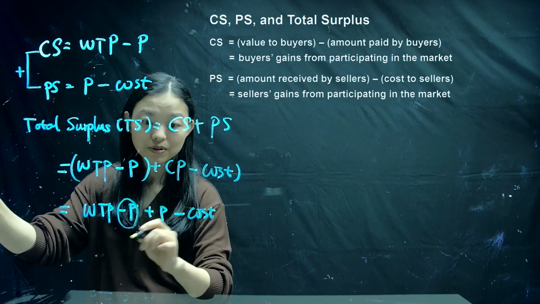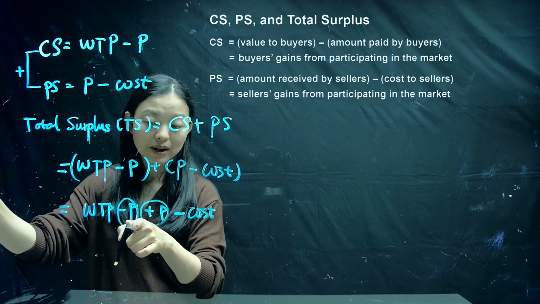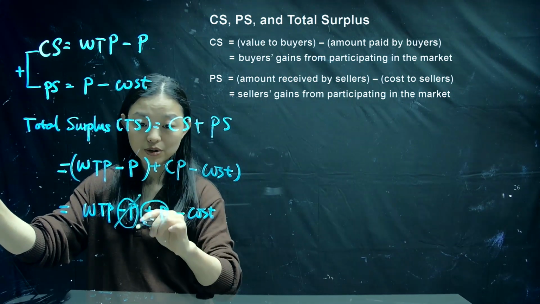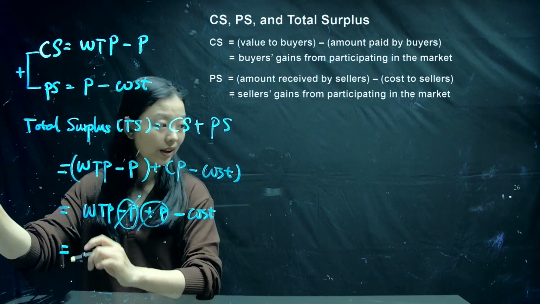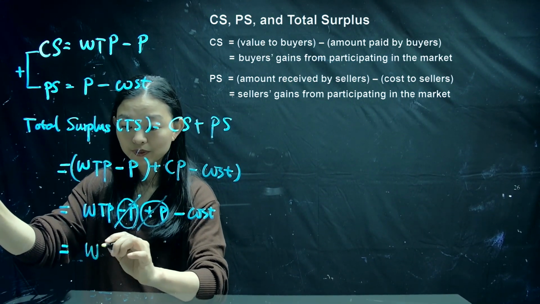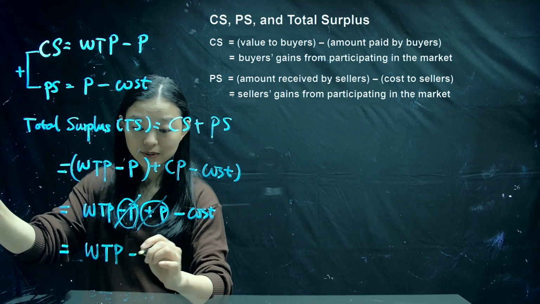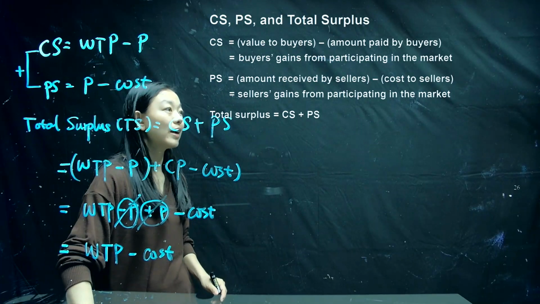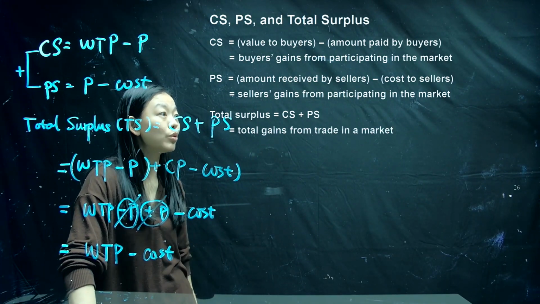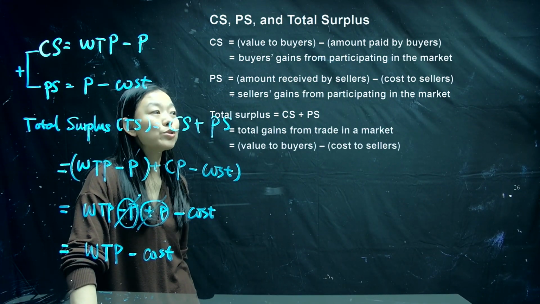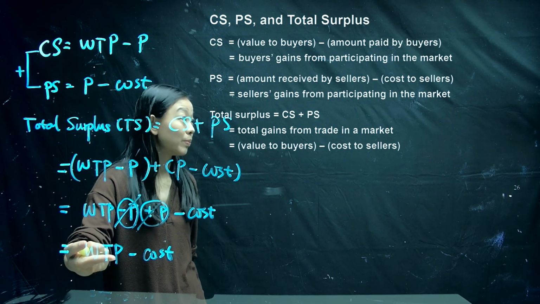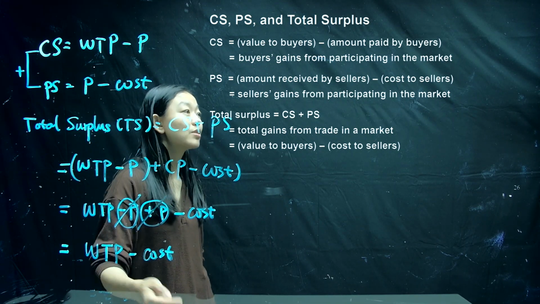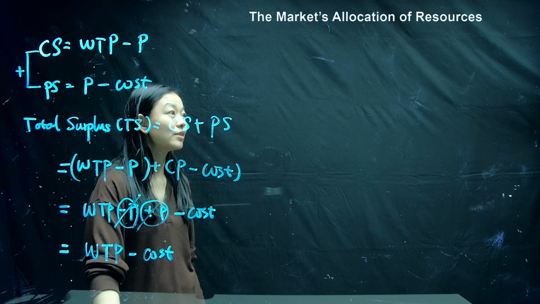This is plus price, this is minus price, so these two parts eliminate. Finally, the total surplus equals willingness to pay subtract cost, right? So total surplus equals value to buyers, which is willingness to pay, subtract cost to sellers. All right.